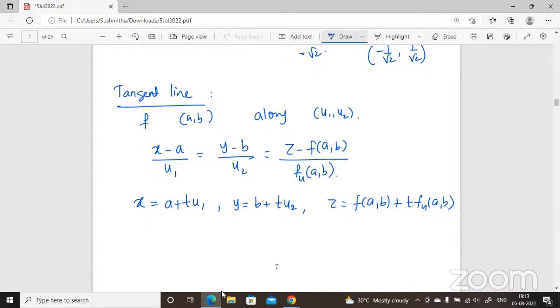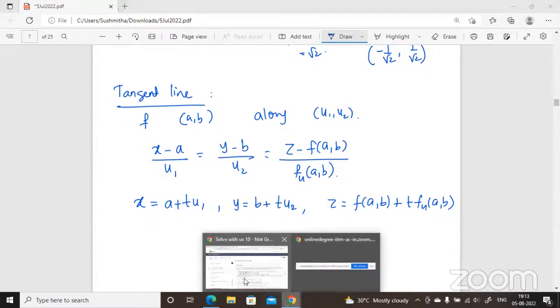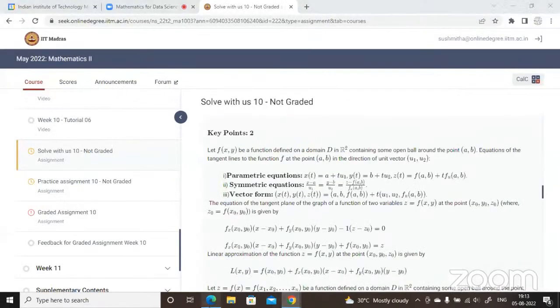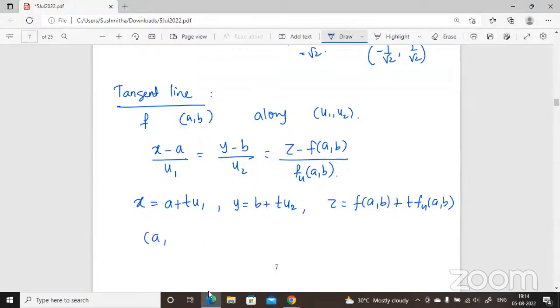If we want to write it as vectors, x of t equals a comma b comma f of a comma b plus t times u1, u2, f_u. This formula is important in the sense that if you want to find the tangent line, then this formula is needed.